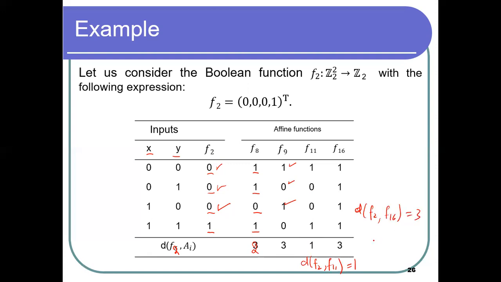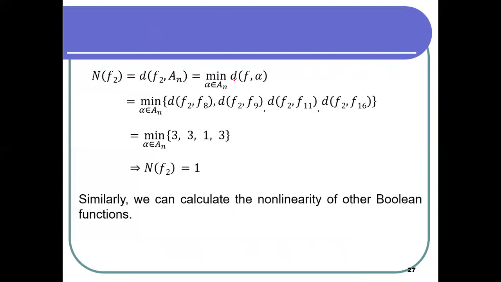So if you see the definition, the minimum of the Hamming distance of f2 from all affine functions: the distance between f2 and f8 is 2, f2 and f9 is 3, f2 and f11 is 1, and f2 and f16 is 3. The minimum of all these is 1, so we can say the nonlinearity of the Boolean function is 1.